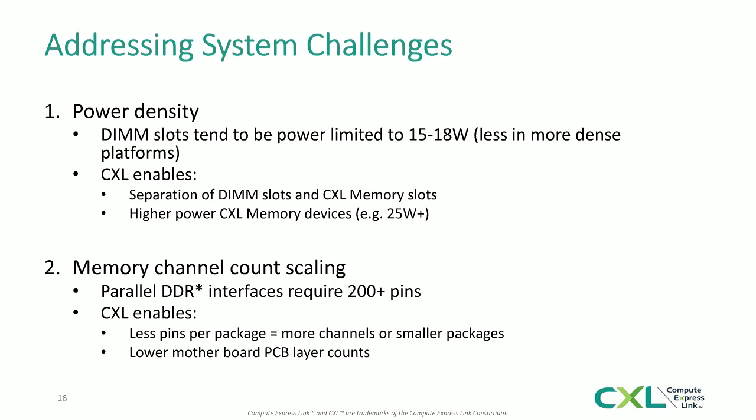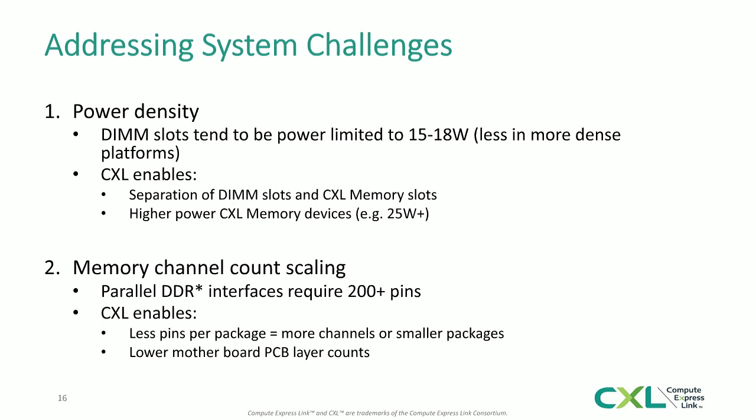That works okay for many DRAM applications, but in many cases, some of the emergent technologies really want to see a higher power envelope, especially to address some of the capacity challenges. And so we need a way to separate that out.